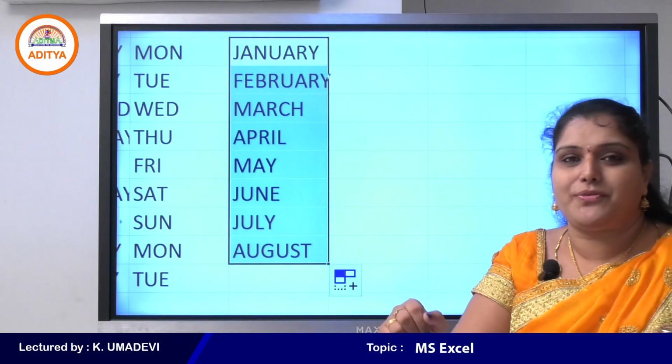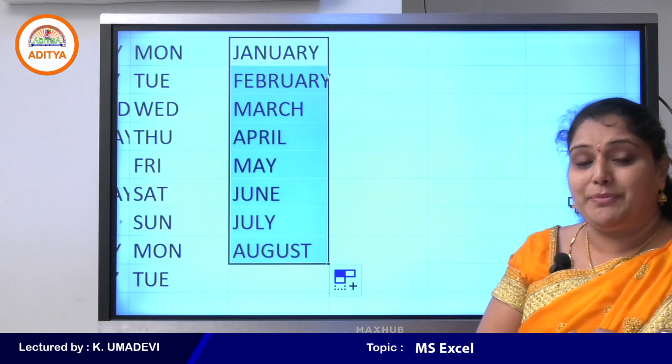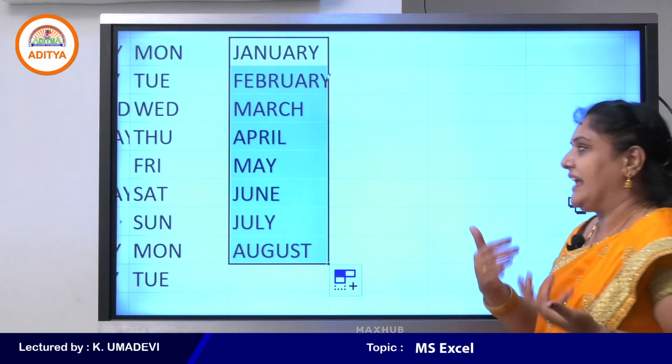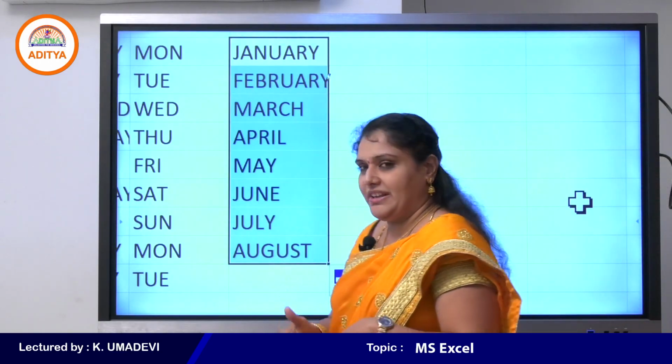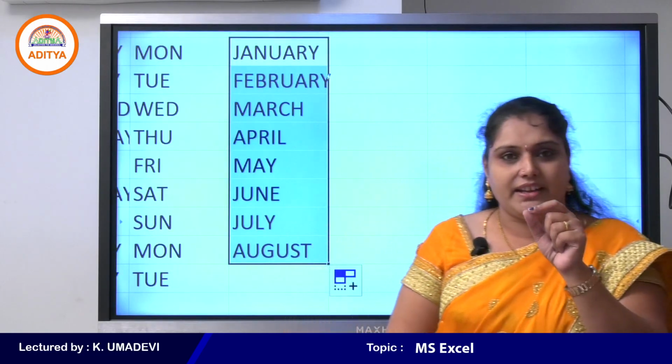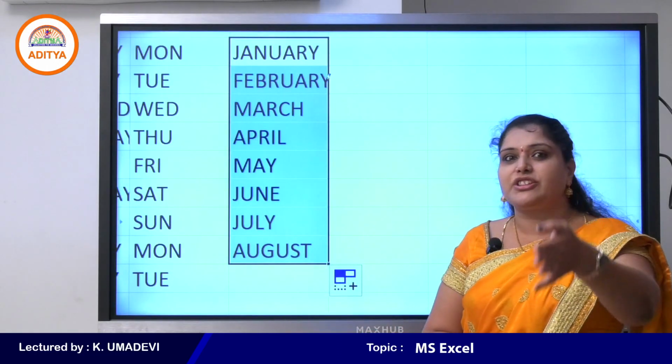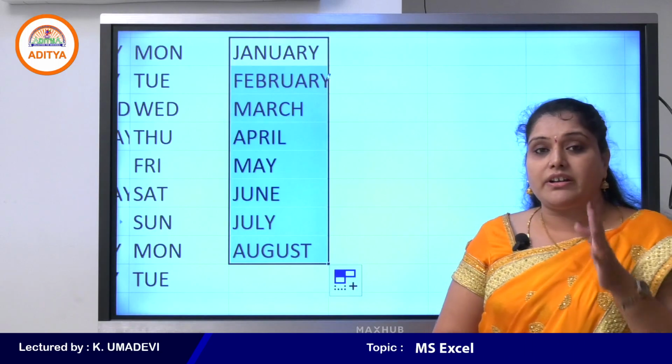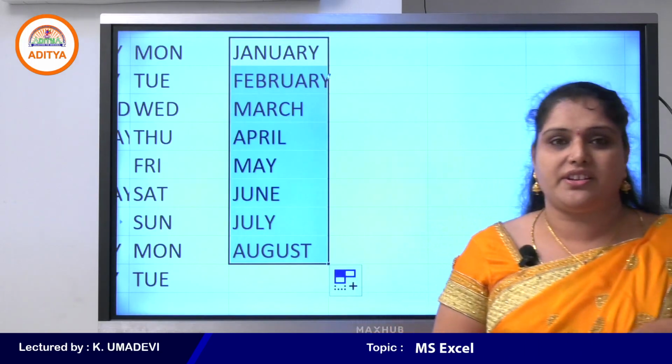So this is the use of fill handle. Instead of manually entering the data again and again, we can automatically complete the list by clicking and dragging the fill handle with the mouse. It is a shortcut method to fill the additional cells.